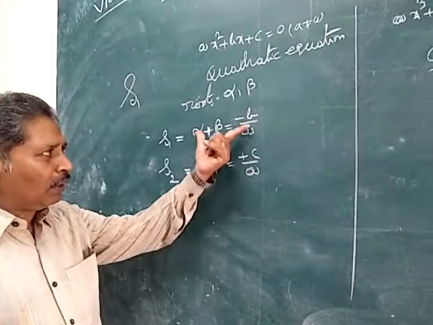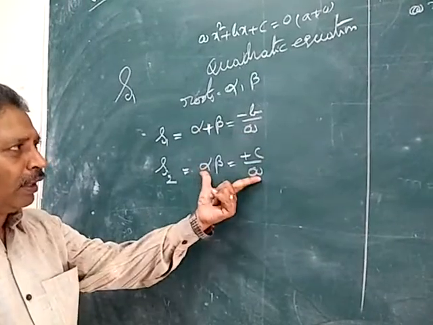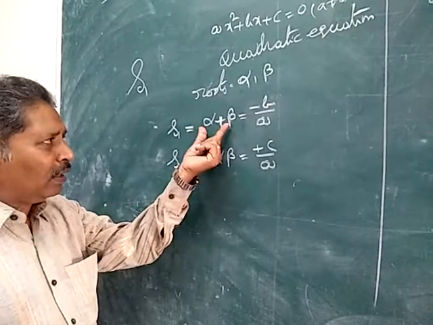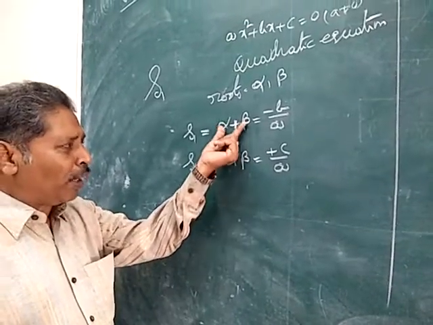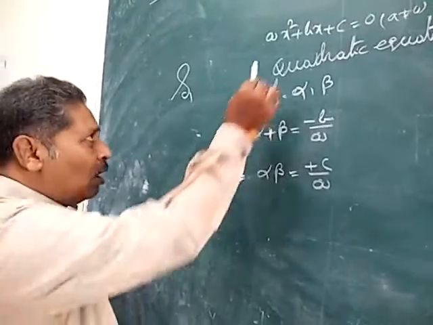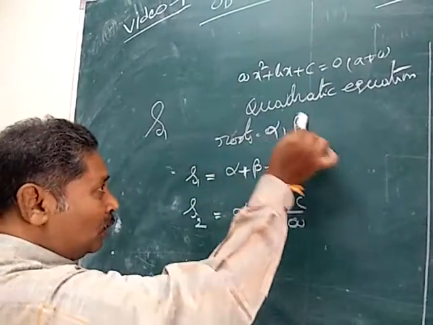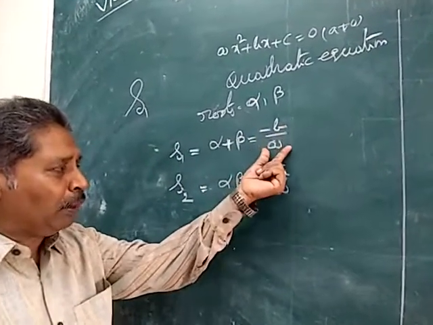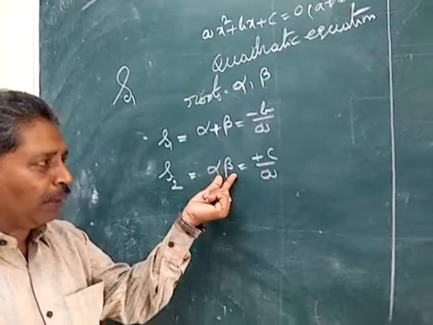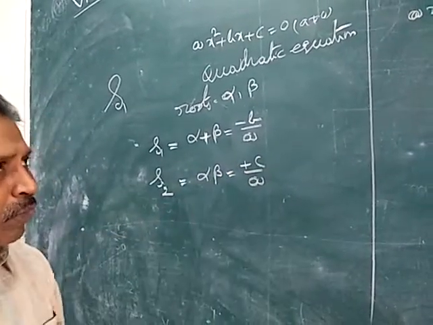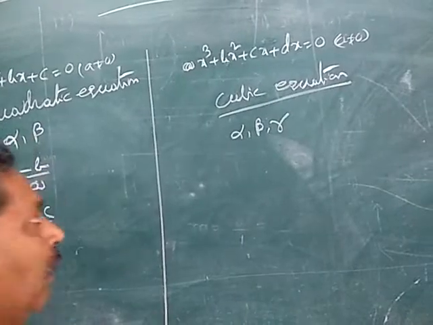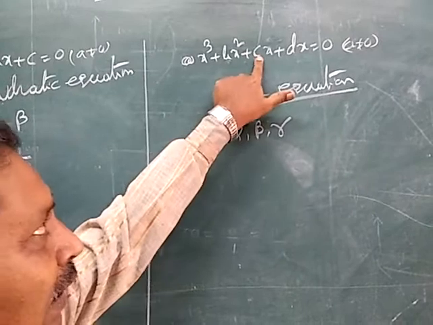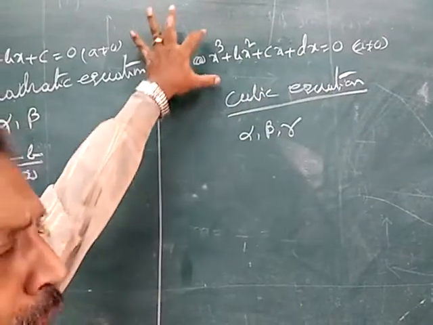So these two are the relations between coefficients a, b, c and roots alpha and beta: alpha plus beta equal to minus b by a, alpha into beta equal to c by a.